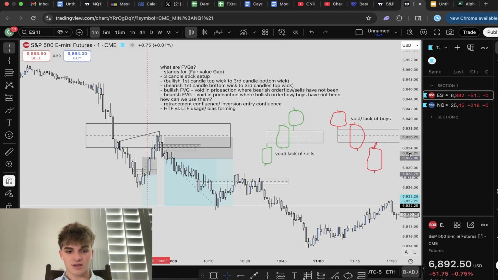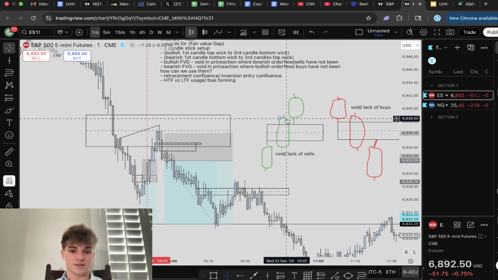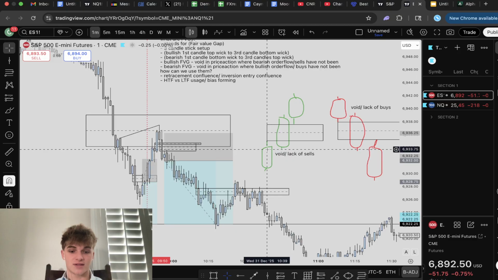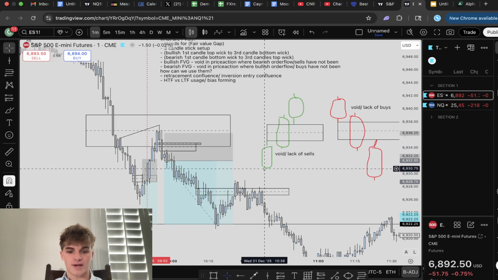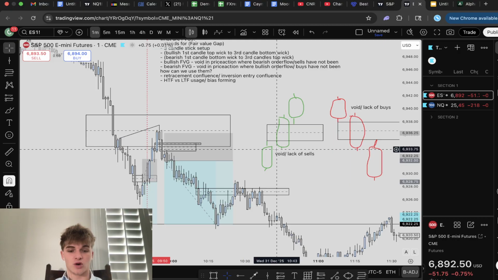In order to make this fair value gap, we technically do have to sell off here to make this wick. So we opened down here, went up here, and closed down here. That means we bought up here and then sold off a little bit. Boom. This next candle forms the body of the fair value gap.